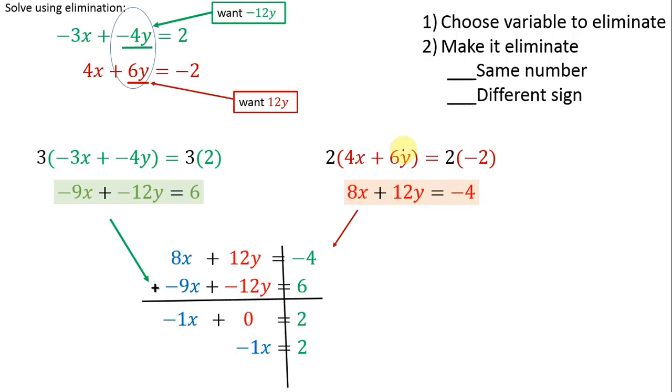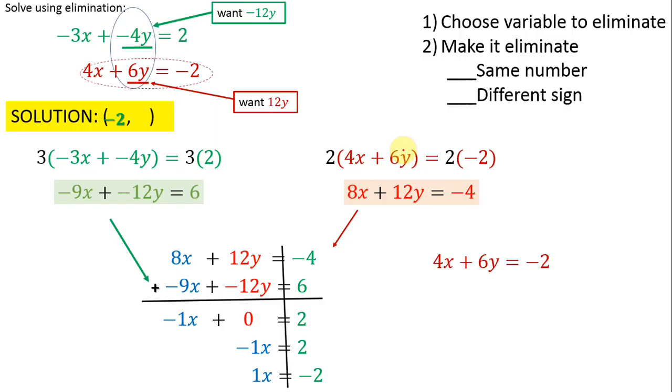My other side is 2. And I'm going to divide both sides by negative 1 and get x equals negative 2. That negative 2 goes into the x spot in my solution. And I'm just going to pick an original equation, substitute my negative 2 for x, and then solve for y. And that's all I have to do.